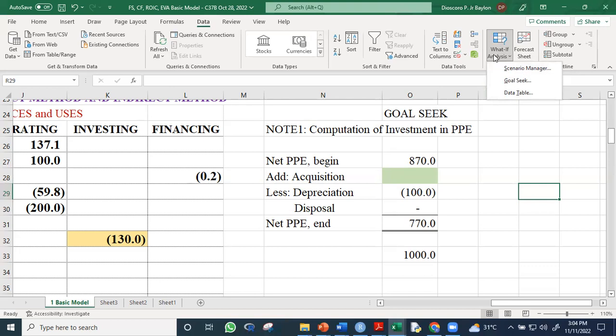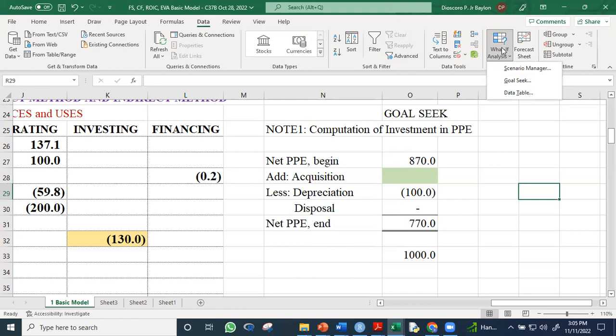And do you know the other name for what if analysis? Can anybody chat if you have encountered this? It is an analysis that asks the question, what if? So it seeks to answer, what if this one is like that? What would have happened to this one?